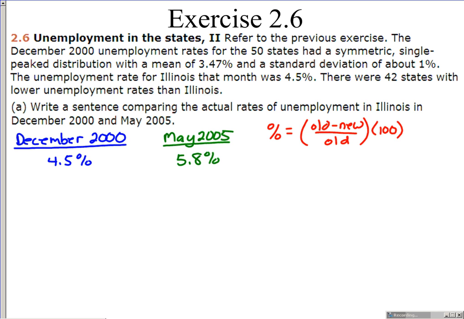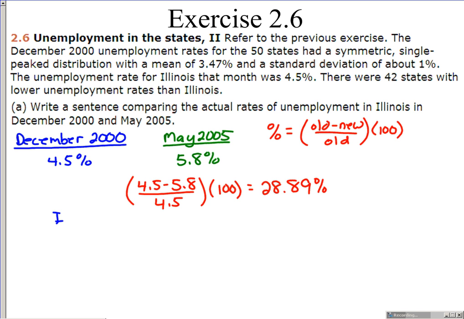So in this case, the unemployment rate started at 4.5%, went up to 5.8%, multiply that by 100, and we see that that actually is an increase of 28.89%.